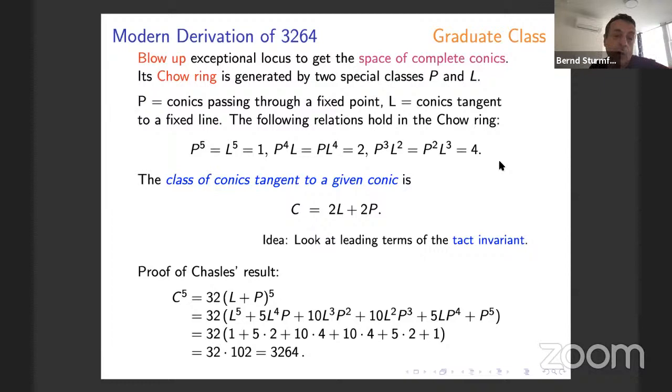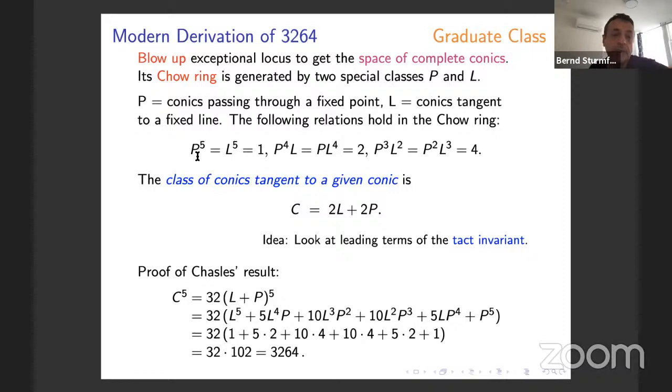Now, the way a Chow ring or cohomology ring works is that multiplication corresponds to intersection. So we're going to derive a couple of basic multiplicative relations that describe the intersection of these divisors. So, for example, P to the 5th, I claim, is 1. Well, why is that?